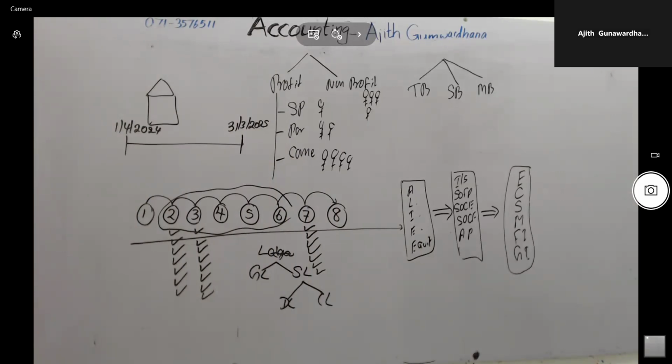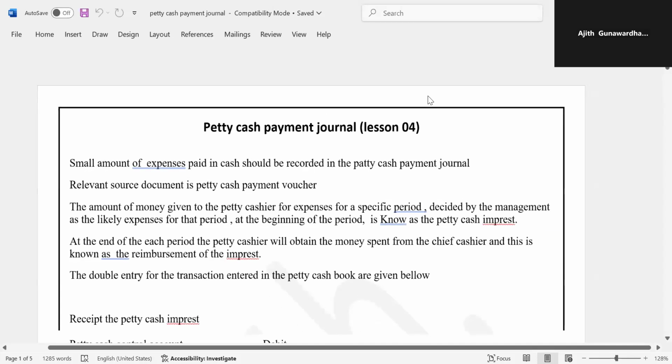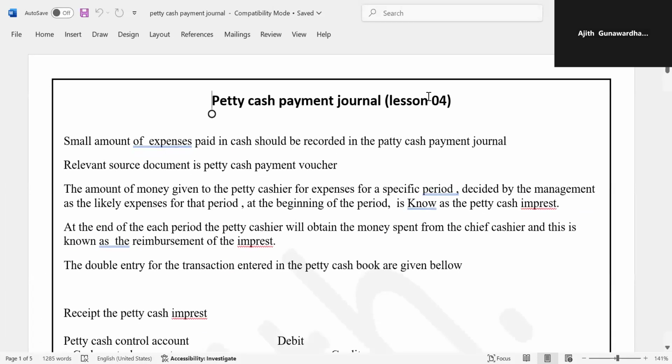We have discussed the purchase journal as well as the purchase return journal. Information about credit purchases should be recorded in the purchase journal. If those are returned, they should be recorded in the purchase return journal. Credit sales should be recorded in the sales journal, and if those are returned, in the sales return journal.